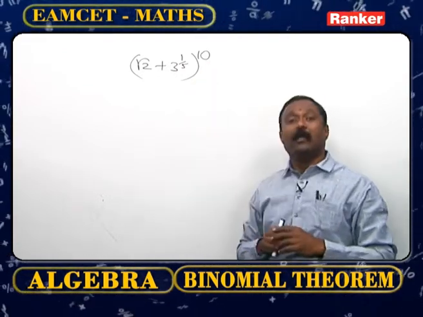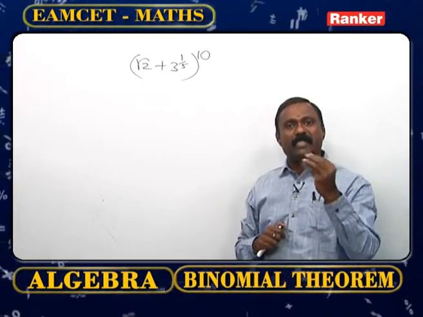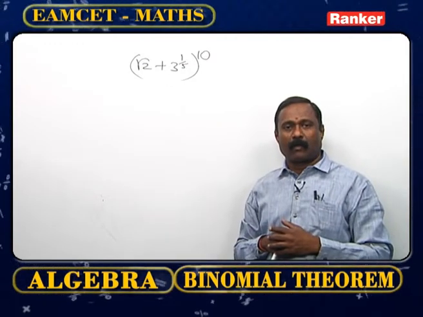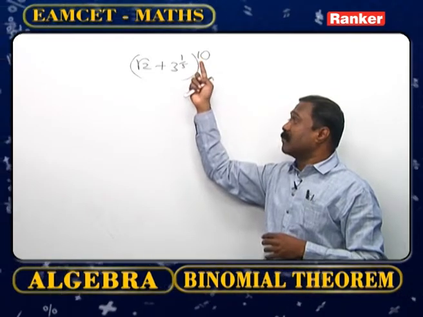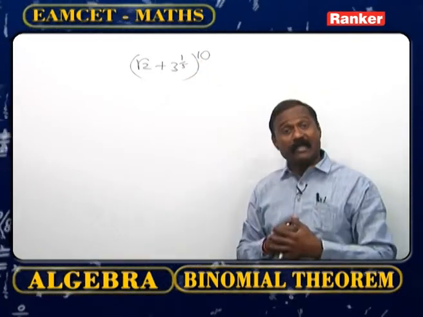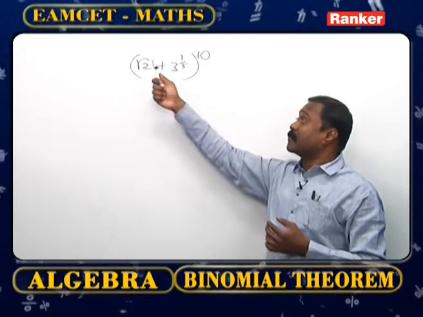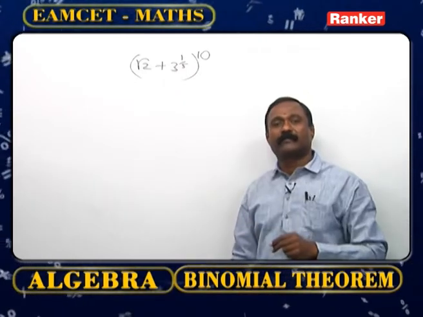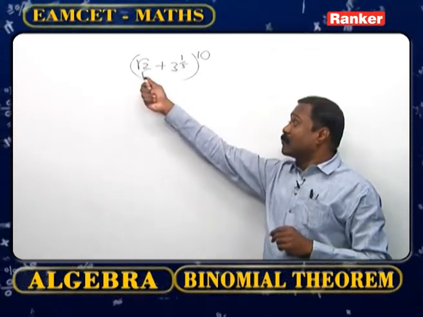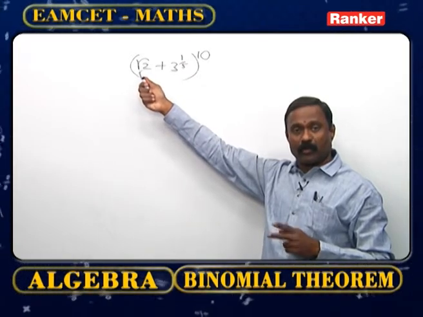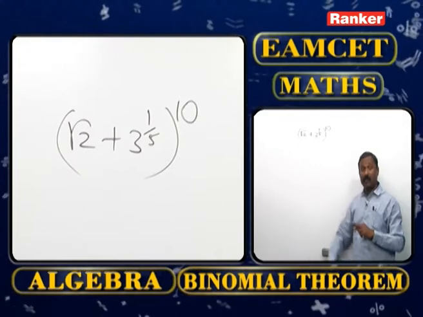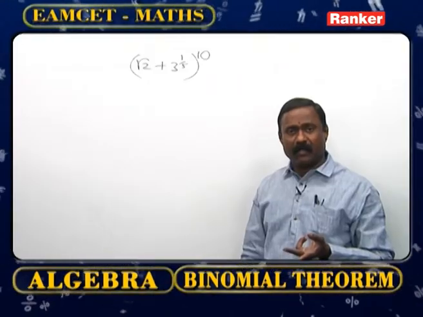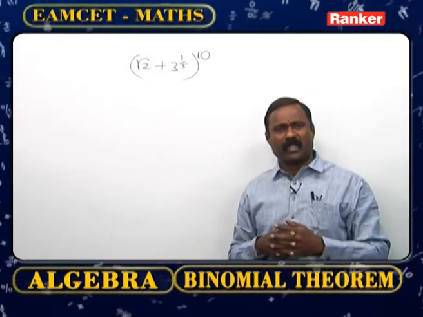Among these 11 terms, some terms consist of roots, square roots, cube roots, fourth roots or fifth roots, but some terms do not have any roots. The terms which do not have any roots are said to be rational terms. Simple.